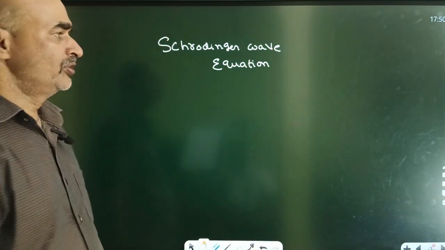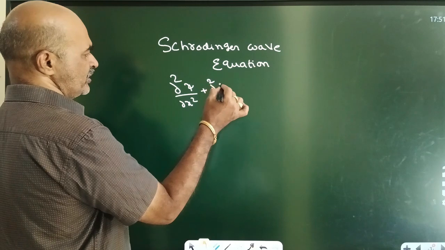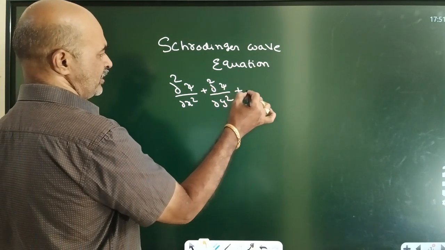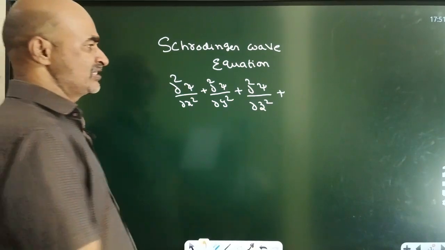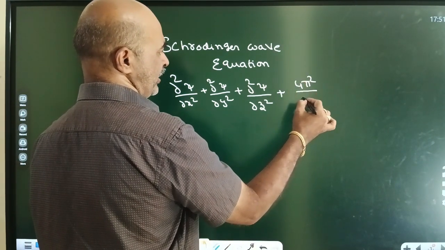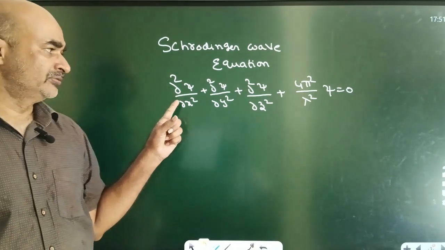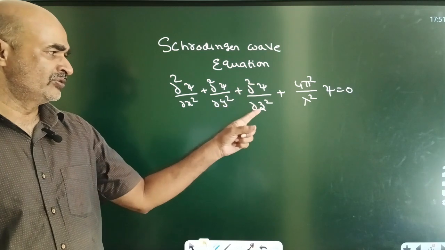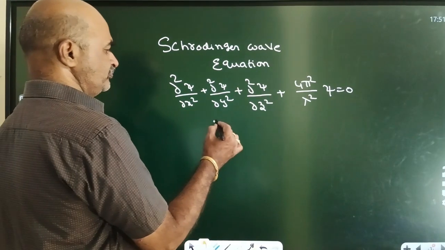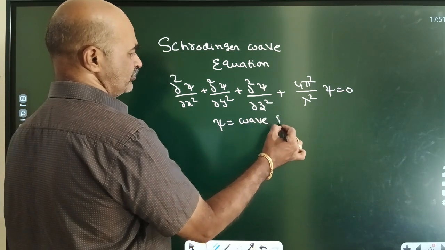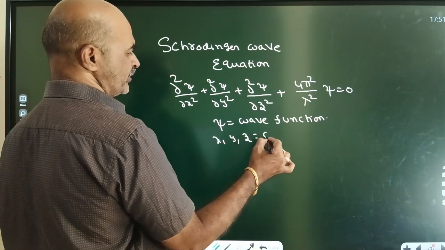The equation is: dou square psi by dou x square plus dou square psi by dou y square plus dou square psi by dou z square plus 4 pi square by lambda square into psi is equal to 0, where psi is the wave function and x, y, z are coordinates.